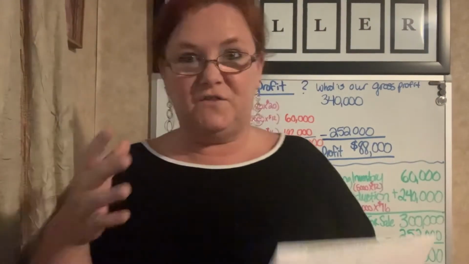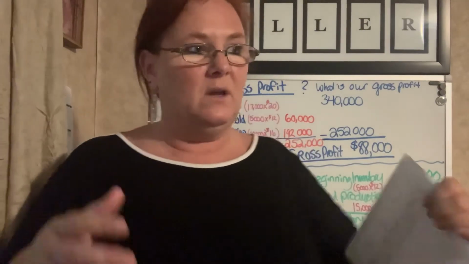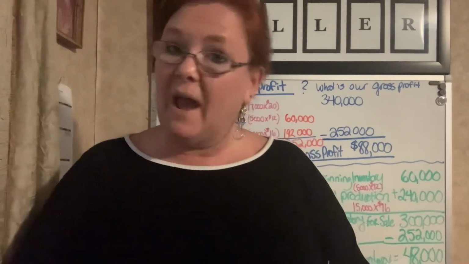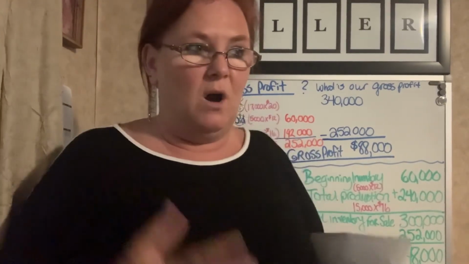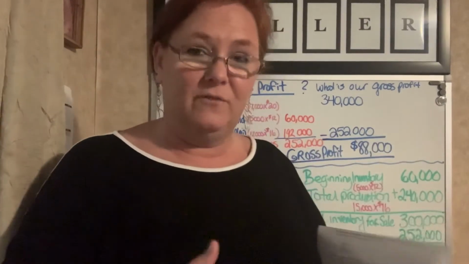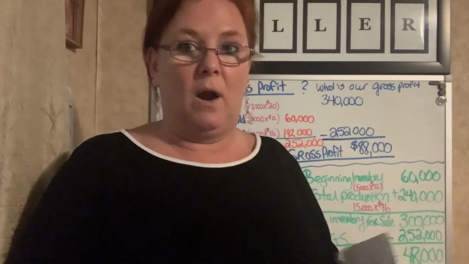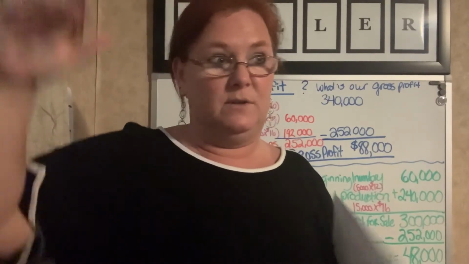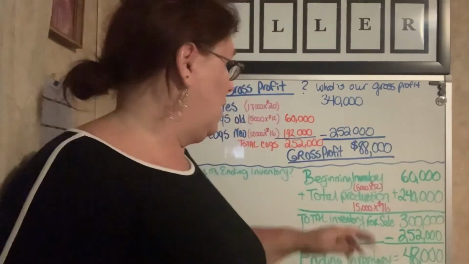I want you to think of it as physical. If you were literally in a manufacturing facility and you already had units or whatever you produce out on the floor, and then you made more, you would just be adding to the pile that you have there, or adding to the pallets and the boxes that you already have there.